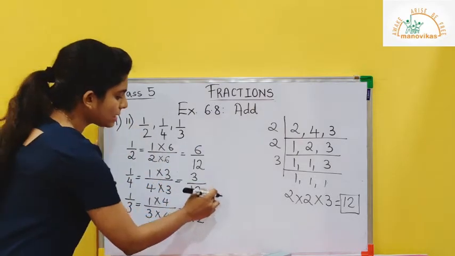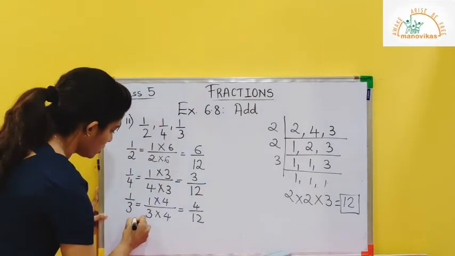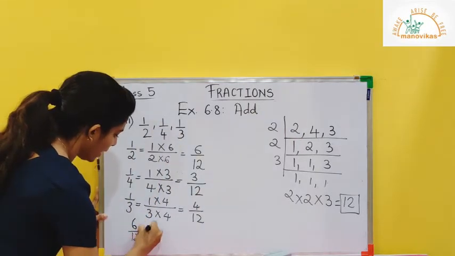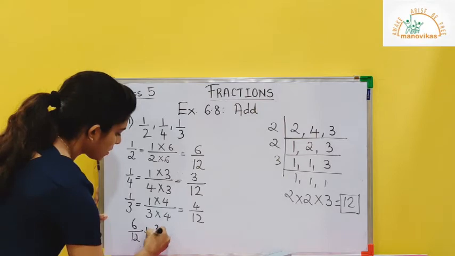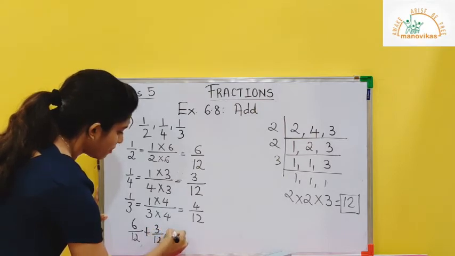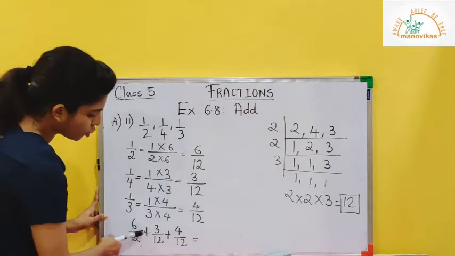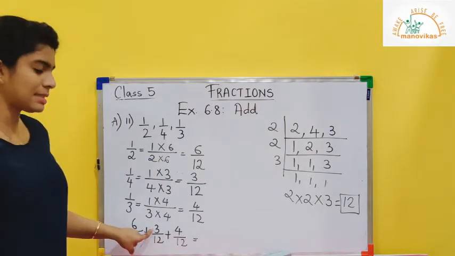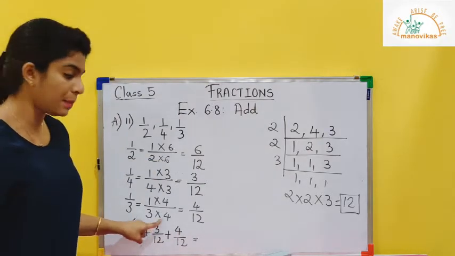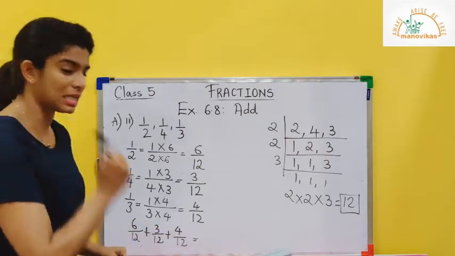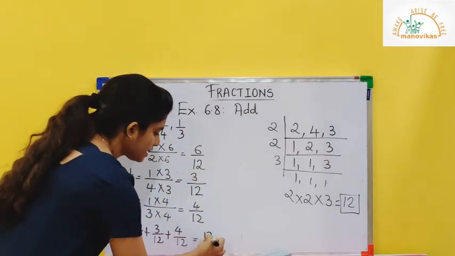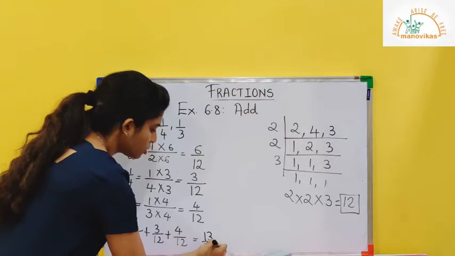Now you add all these three fractions. So 6 upon 12 plus 3 upon 12 plus 4 upon 12. You have to add the numerator. Now 6 plus 3 is 9. 9 plus 4 is 13. So I get 13 upon 12.